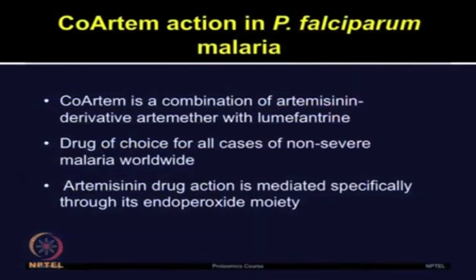So, in this paper, authors have discussed how two different drugs which are effective as antimalarials can be studied for looking at the proteome changes in the Plasmodium falciparum parasite. Coartem is a combination of artemisinin-derived artemether with lumefantrine.